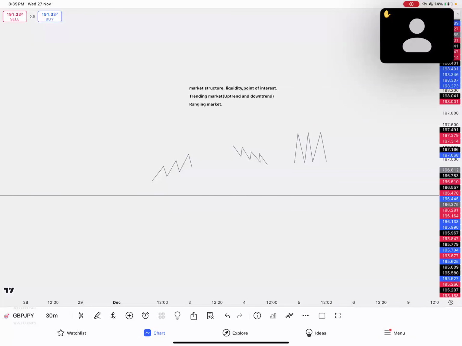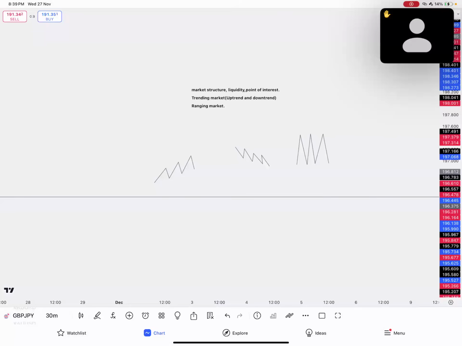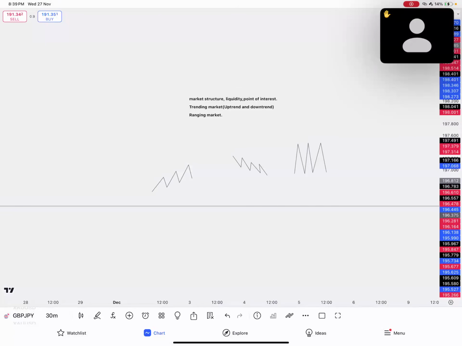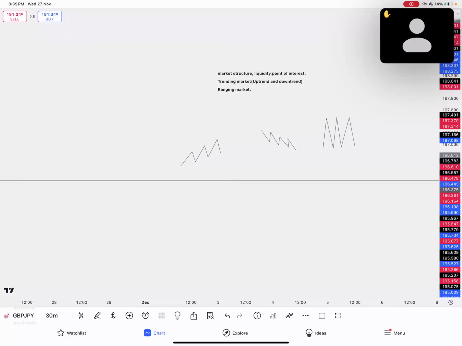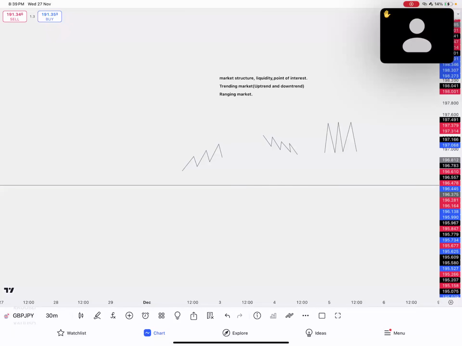So these are the three market movements: the uptrend, the downtrend, then the ranging market. The ranging market is also called consolidation. Consolidation basically means that the market is accumulating liquidity. Those are the three market movement patterns.